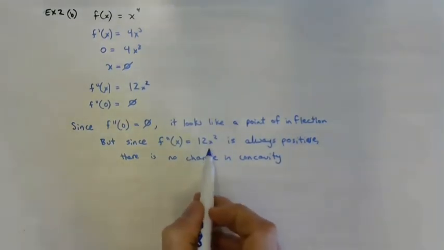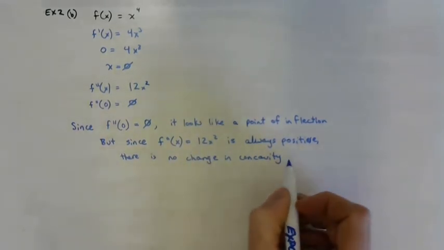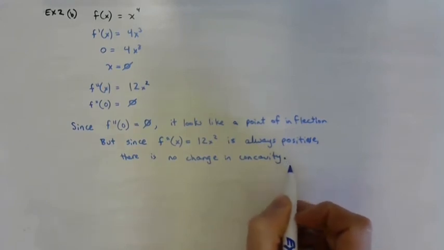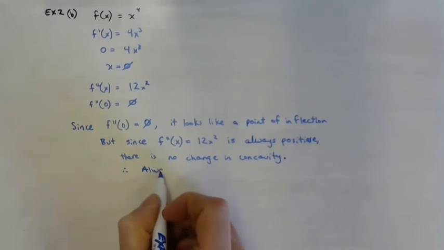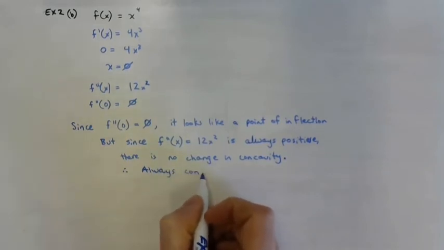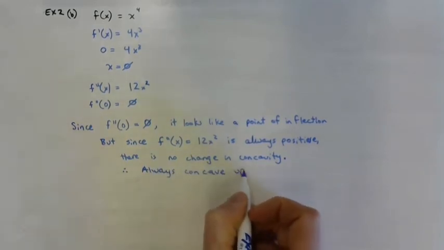Whatever you put into the second derivative function for x will give you 0 or a positive number. So this thing is always concave up. Therefore, always concave up.